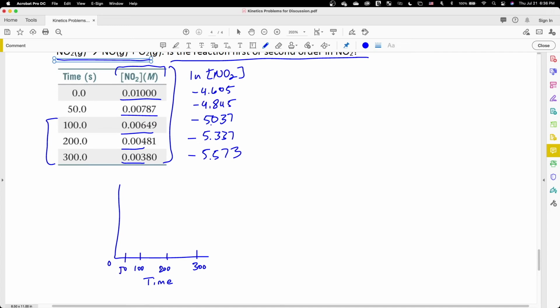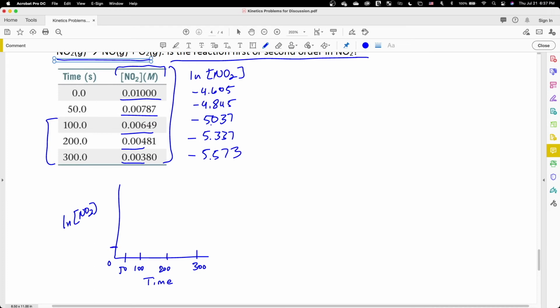Okay, 50. And then over here on the y-axis is going to be the natural log of the concentration of nitrogen dioxide. Okay, and my highest number is 5.5, so I'll start out with negative 5.5 rather.